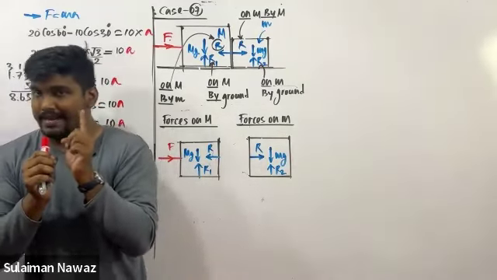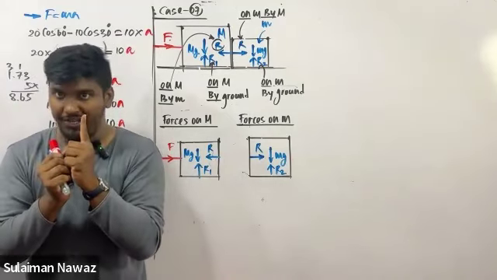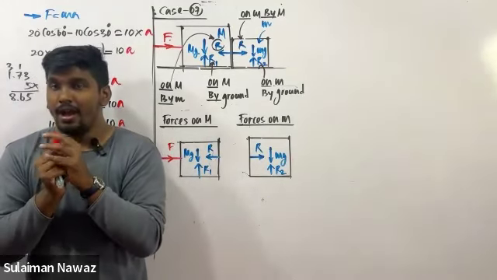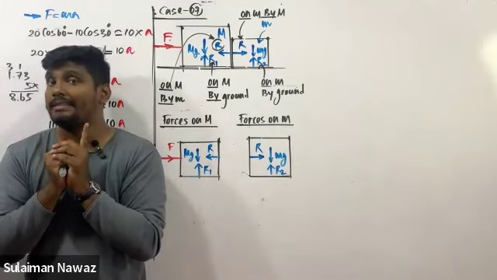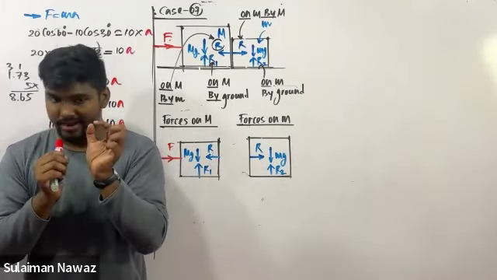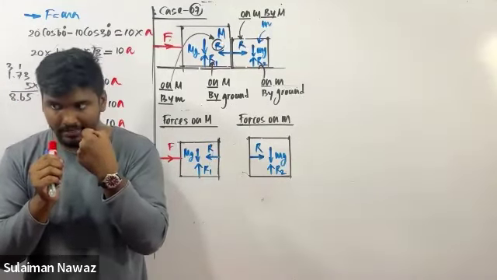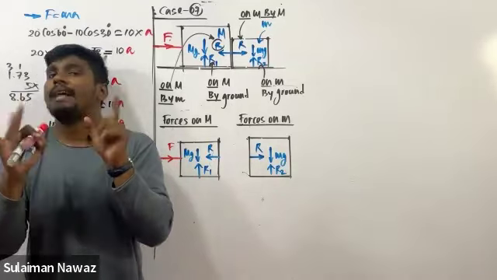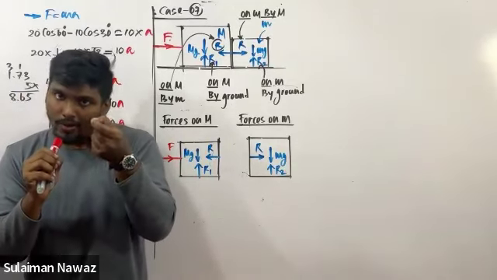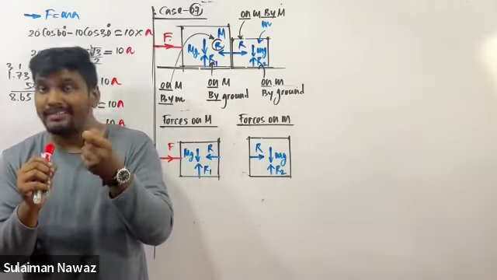If you consider the entire system as one object, how many horizontal forces act on the system?